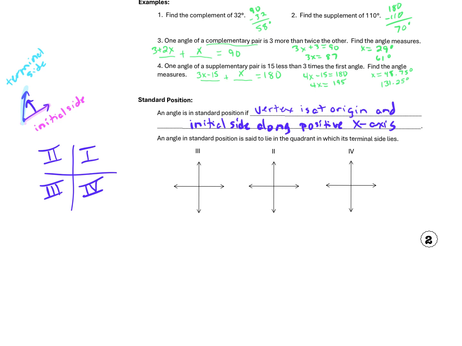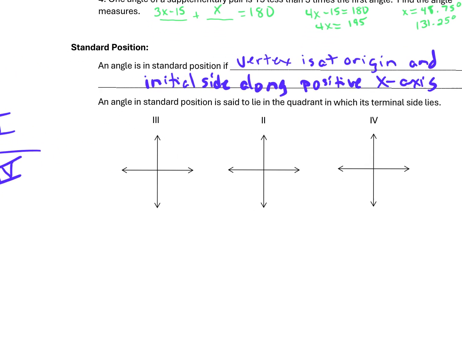So if you notice what it's saying besides this definition of standard position, which I'll show you some examples of in just a second, the other thing is understanding or remembering where our quadrants are. Because if you notice, it says an angle in standard position is said to lie in the quadrant in which its terminal side lies. So in other words, if we say that an angle is in quadrant 3, that means we are starting, this is standard position.